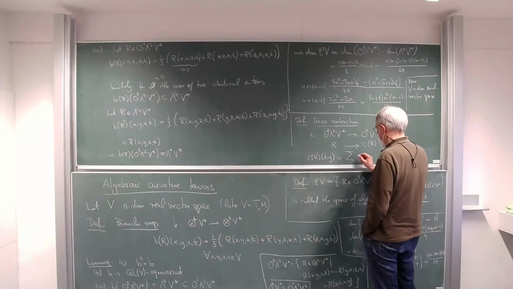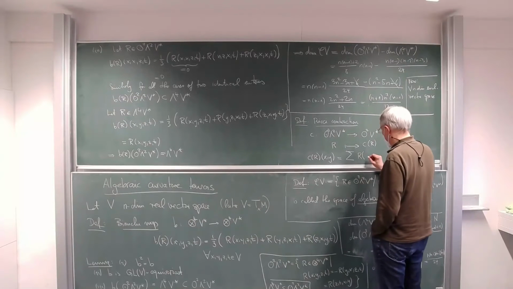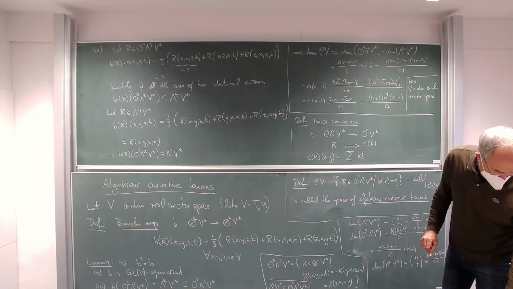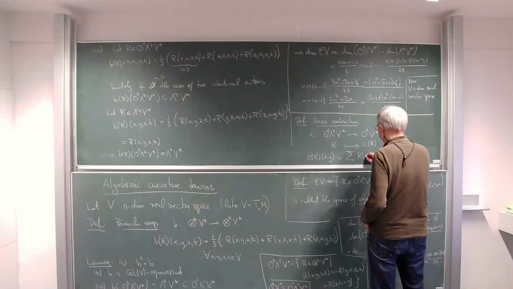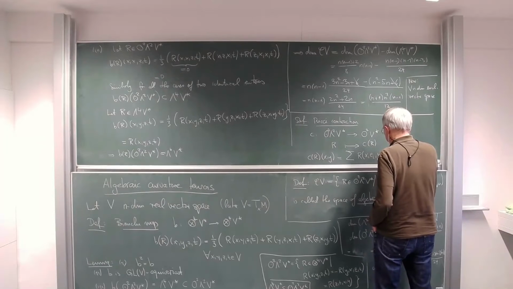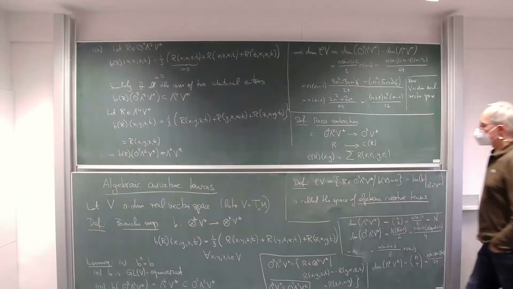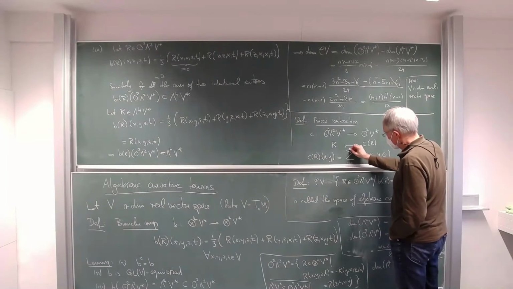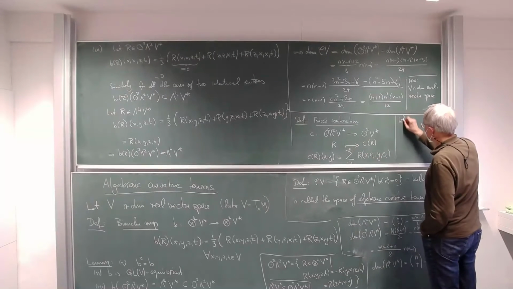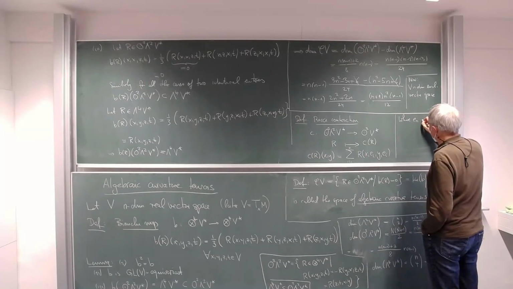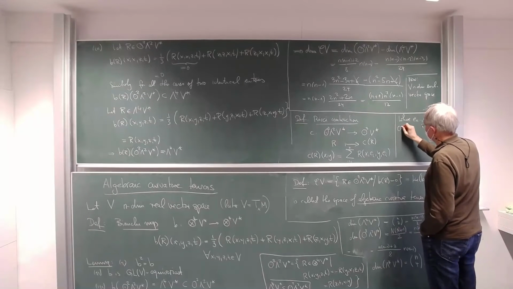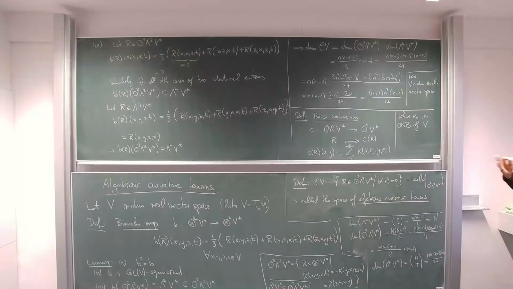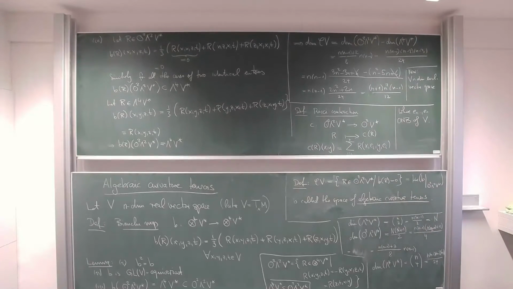And I can formulate it like so, but be careful with the sign convention. I use this trace where E1 up to En is an orthonormal basis of V. And of course, orthonormal makes sense only if I have a Euclidean vector space.